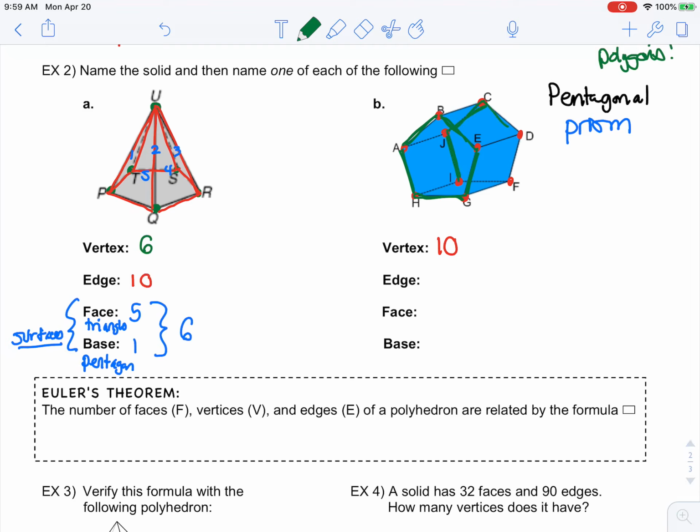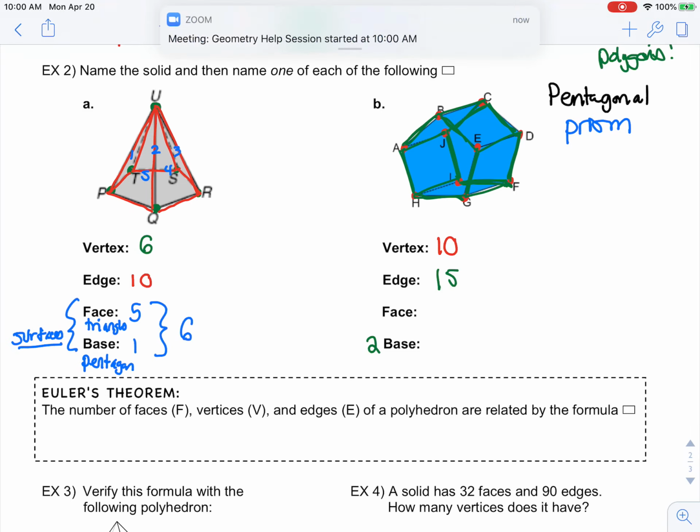Those are the 5 edges in the front. 6, 7, 8, 9, 10. There's the 5 edges in the back. 11, 12, 13, 14, 15. Those are the 5 edges that connect the front and the back. So there are 15 edges. In a prism, there are always going to be 2 bases. And then there are however many faces we need to complete the figure.